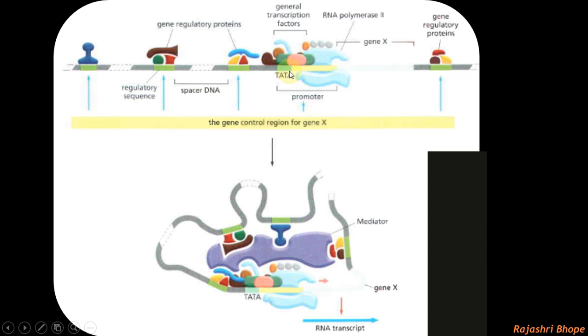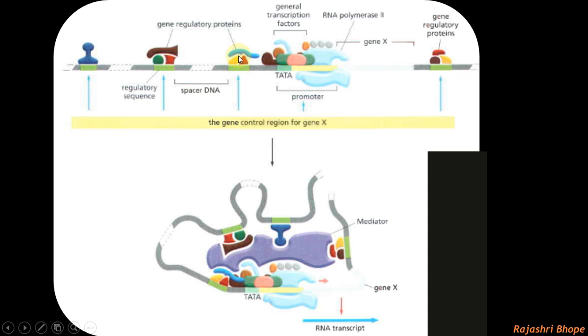This TATA is the promoter. This is located near the gene, so it is cis-acting. And these are trans-acting elements located far away from the genes. Now to these trans-acting elements, certain proteins bind which help in activating this particular gene by folding this DNA. See, this DNA is folded.